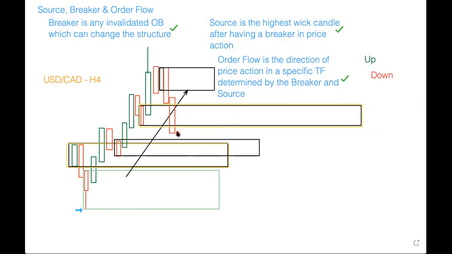So right now, we can see this bullish candle is the highest big candle after having the breaker in price action. So we can consider this candle here with the highest wick as the source.